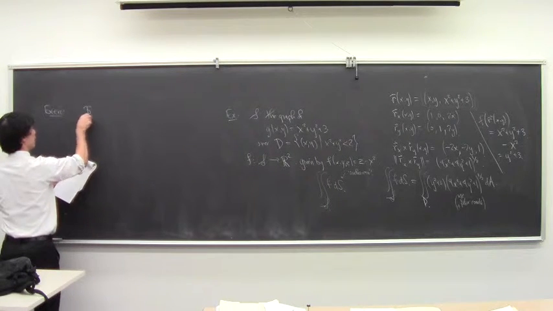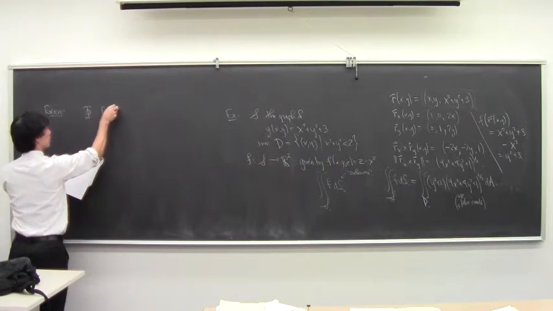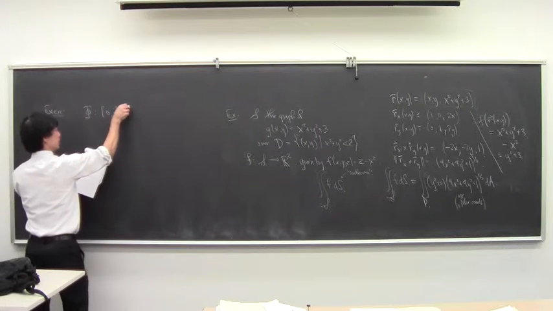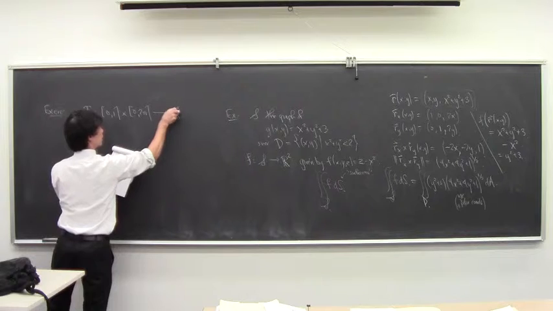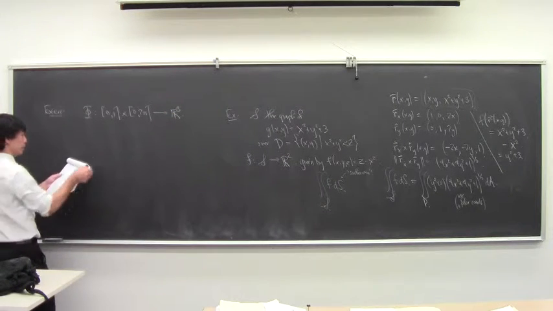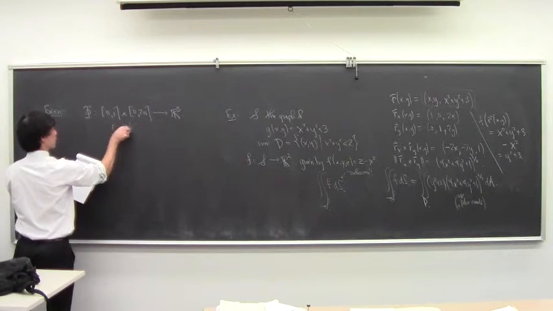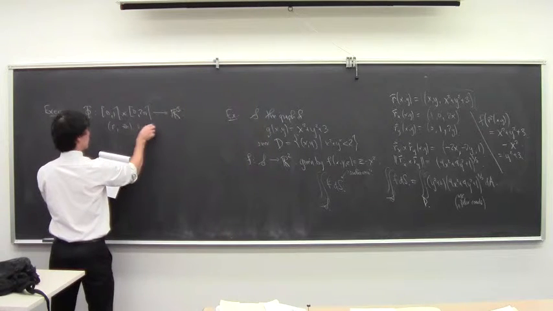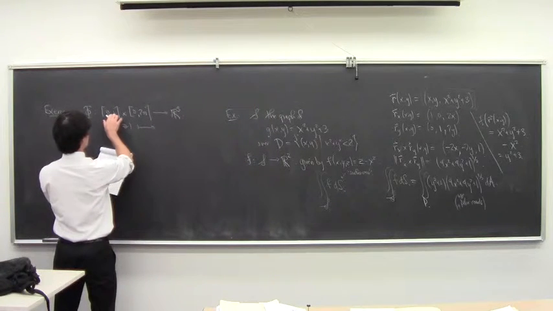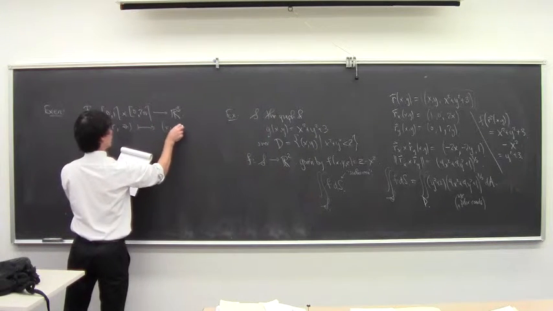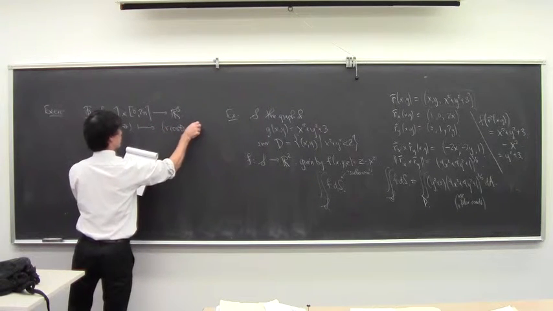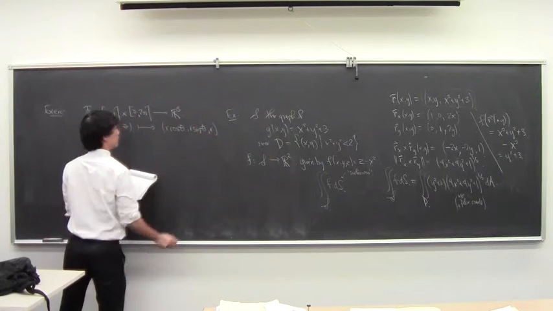So here you have a parametrization, and it goes from this rectangle to something.